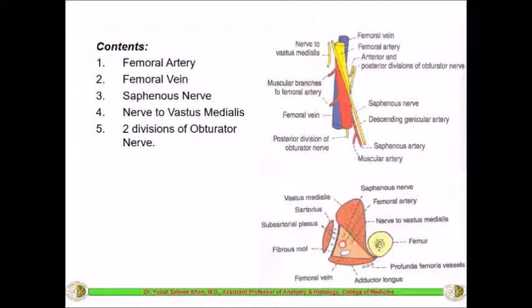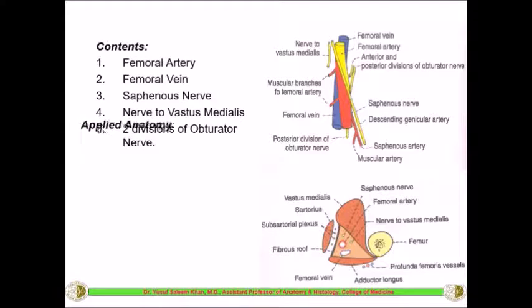Along with that, the saphenous nerve, nerve to vastus medialis, as well as two divisions of the obturator nerve can also be traced here. So this adductor canal is a very important passage for the structures from the femoral triangle into the popliteal fossa, and from the popliteal fossa back into the femoral triangle. These are some of the important contents of the adductor canal which make it so important.